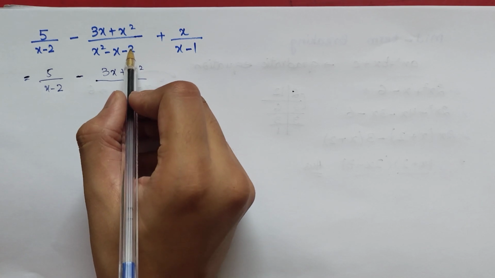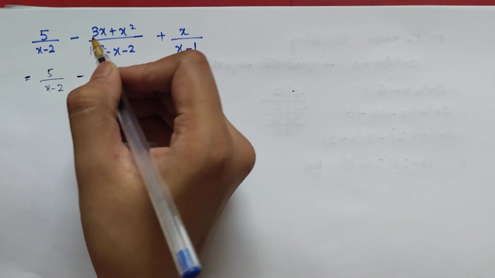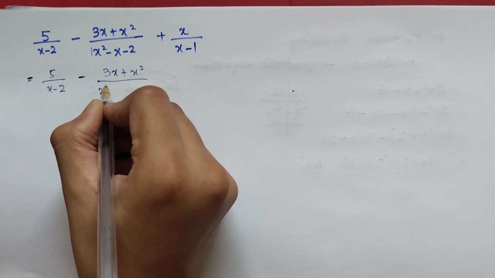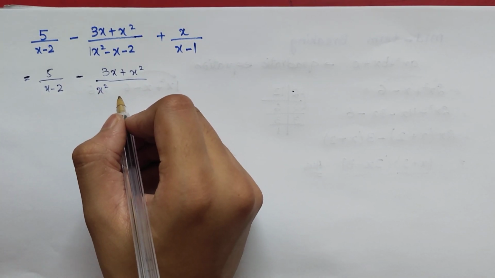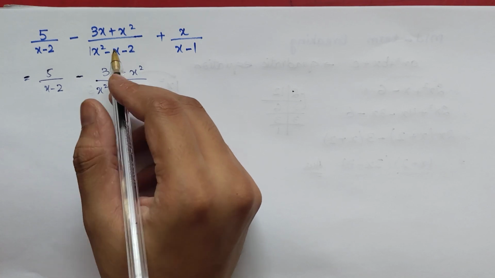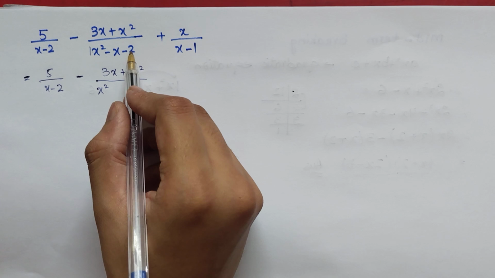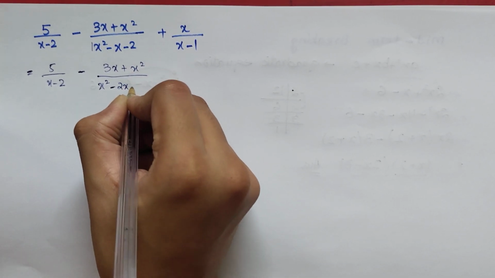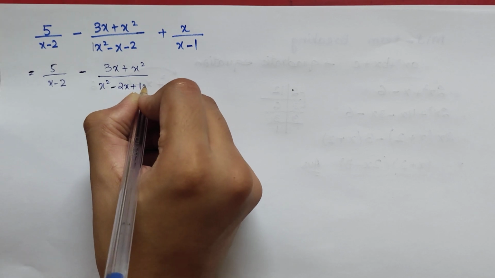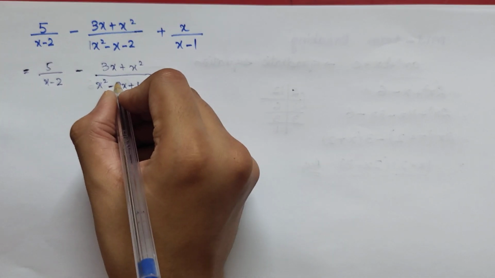Okay, multiply 2 with the coefficient of x square, which is 1, 2 ones are 2. Make factors of 2. The factors are just 2 and 1. So how will we make them to get minus 1 and multiply to get 2? If I say minus 2x and plus 1x, I guess we have made the factors.